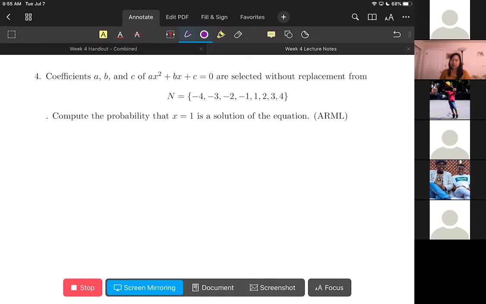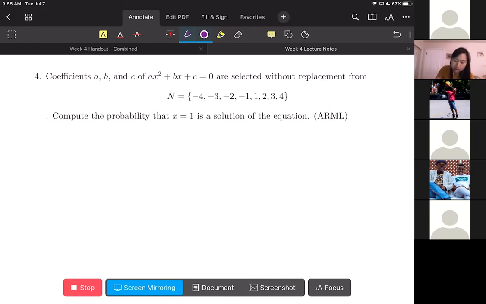It says compute the probability that x equals 1 is a solution of the equation. So any ideas on how we could do this? We can use the constant c and make it our case. We can have the case that we are either subtracting a certain value to make it 0, or we're adding a certain value to make it 0.